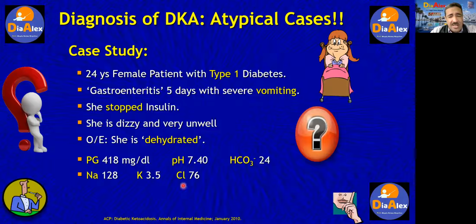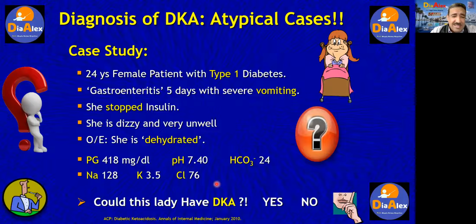Her chloride is 76. And the question is, could this lady have DKA with this data? And the answer actually is yes.